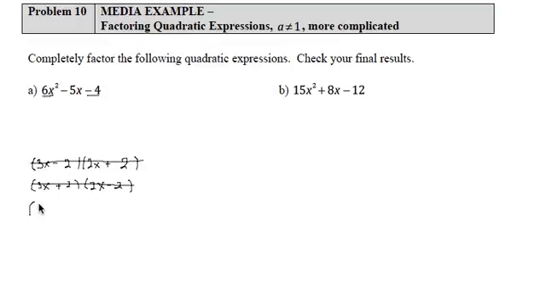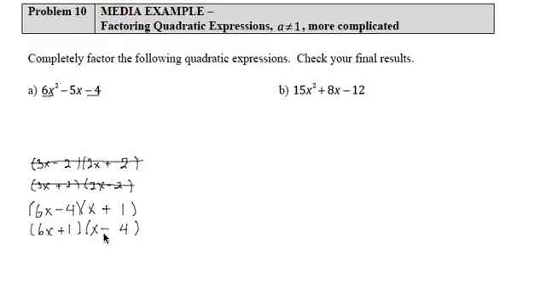I'm going to try some combinations of 6x and x for the first term, and then 4 and 1, excuse me, for the second. And again, I'm going to have to change some things up. I'm going to just switch those around and do a +1 minus 4.